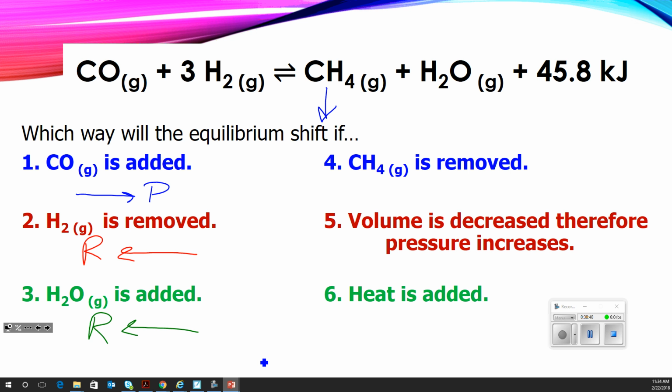Go towards the hole, right? So we're going towards the products. And volume is decreased, therefore pressure increased. Okay, well, wait a minute. I've got to look at the moles. So 4 moles on this side versus 2 moles on this side. Which way am I headed?